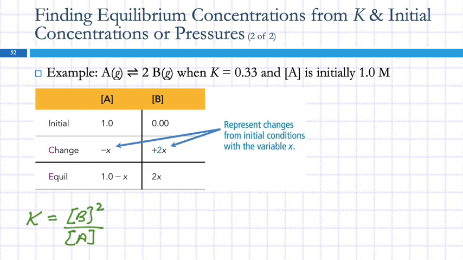We're just going to plug everything into this. We're going to get 0.33 is equal to B, which is (2x) squared, divided by A, which is 1 minus x. Solve for x.